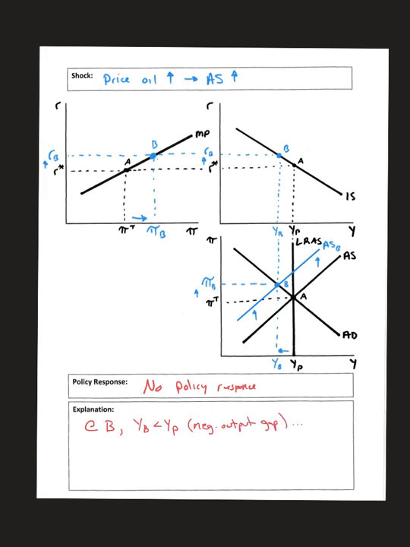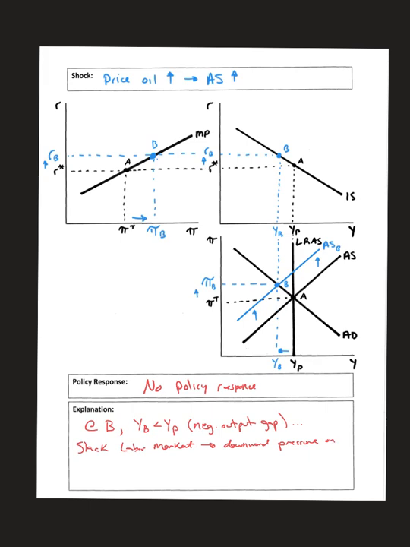And with our negative output gap, we know that we are going to see slack develop in the labor market. So we have slack in the labor market. And this slack in the labor market will end up with downward pressure on those wages.